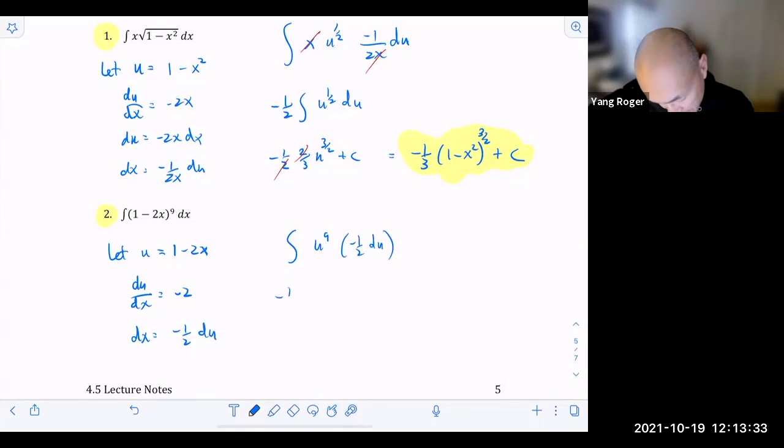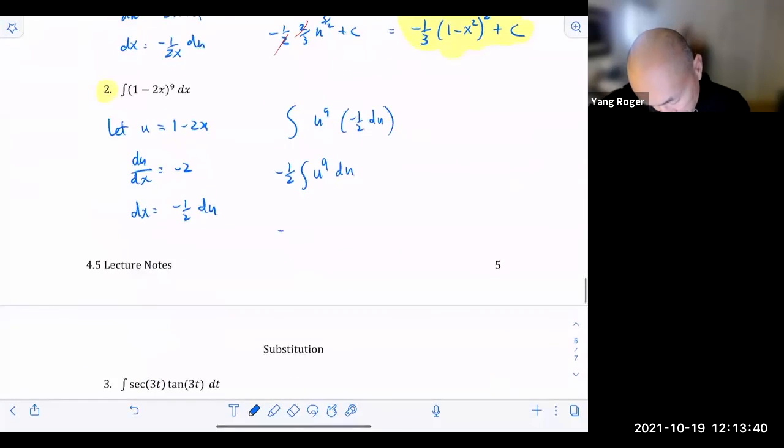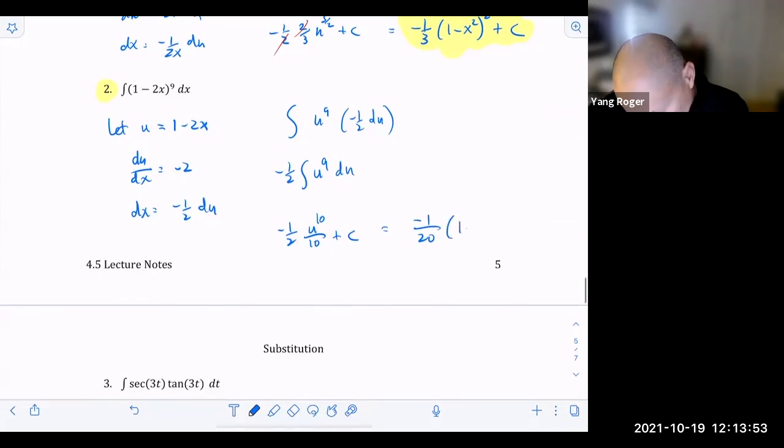I can pull out the negative 1/2. I can integrate the u, that gives me negative 1/2 u to the 10th divided by 10 plus c. I can simplify that to negative 1 over 20. My u is 1 minus 2x, and this is all raised to the 10th power, plus c.